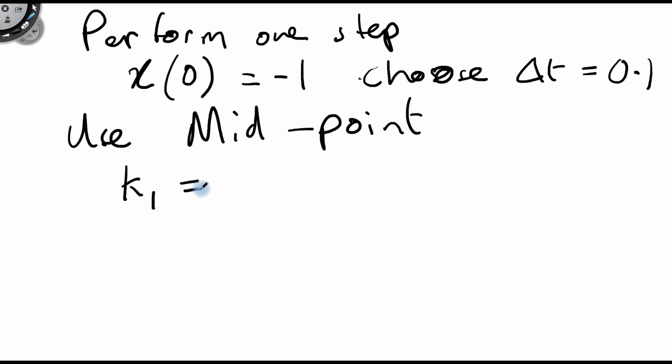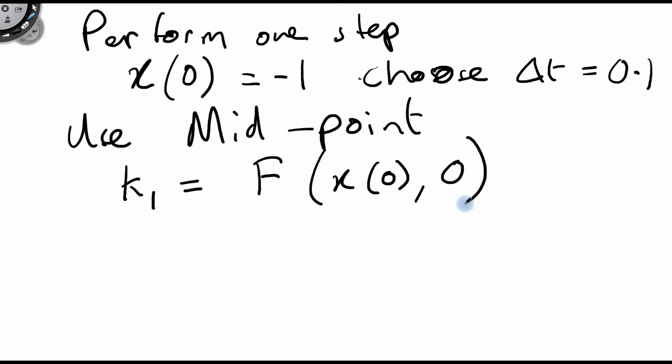So first of all, we're going to evaluate K1, which is your function at the beginning of the time step. So that's the function at x is minus 1 and time is 0, the value at the initial point of the time step. Remember f, the right hand side of our ODE, is simply 2t minus x. That's your function on the right hand side.